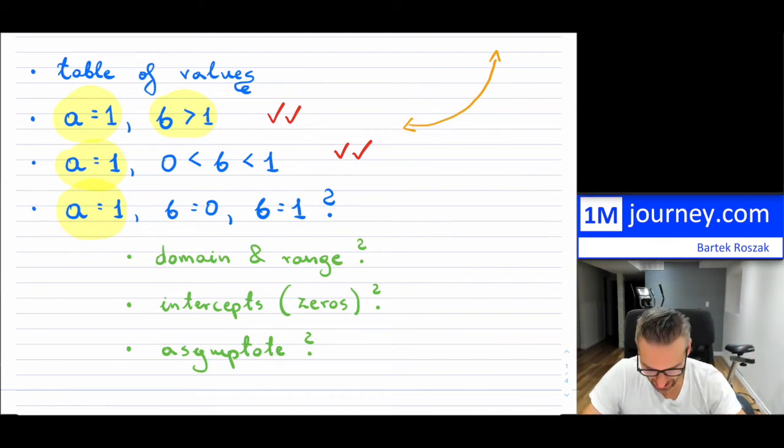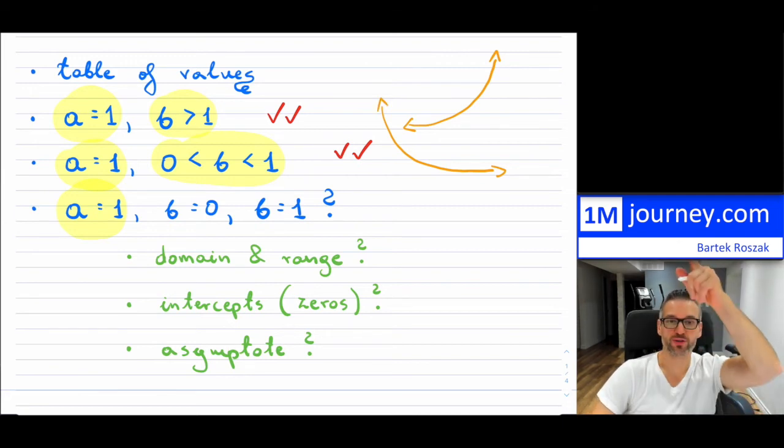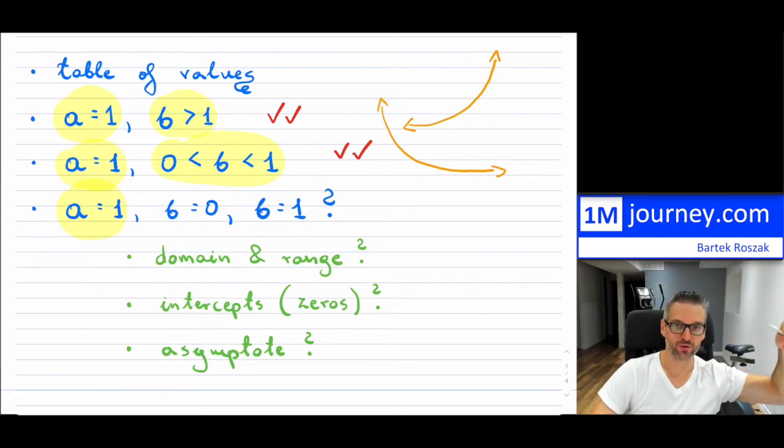The second case was when our base is between 0 and 1. In this case, it did the reverse, right? It went like this, where it starts to approach 0, gets closer and closer to 0, and it explodes on the negative side.